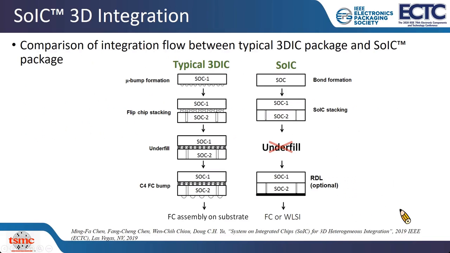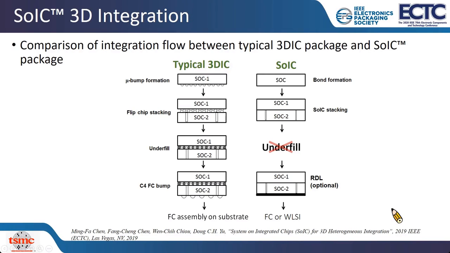This slide shows brief comparison of integration flow between typical 3D IC and SOIC package. The stacking of typical 3D IC depends on micro-bump-based structure, and so the bump pitch is constrained, whereas SOIC bond is a bumpless structure, and the bonding pitch can be controlled within few micrometers or even sub-micrometers.